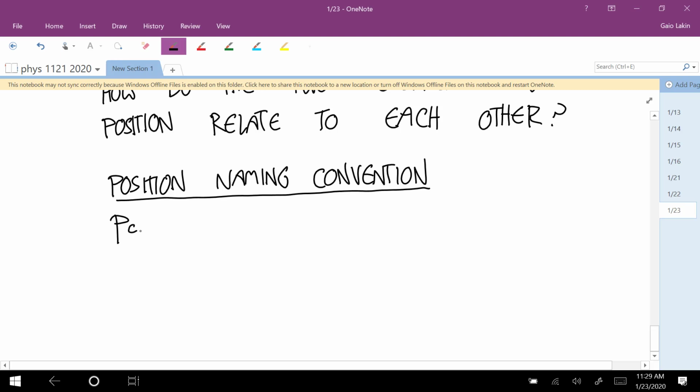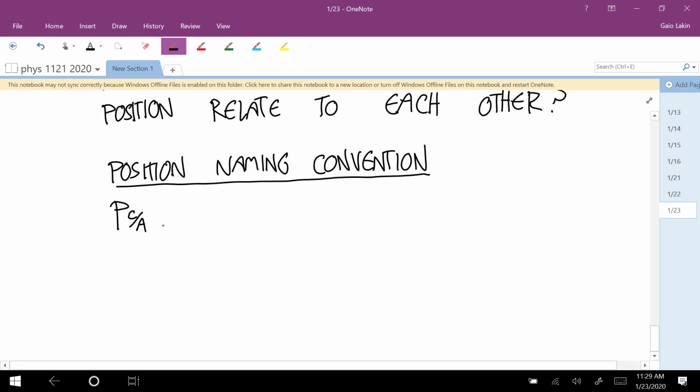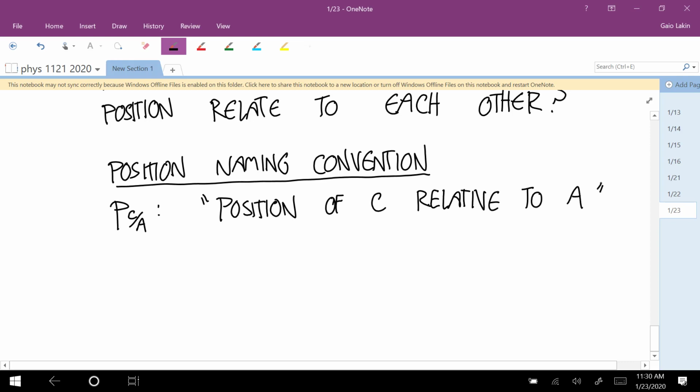So position C, like fraction bar A, okay, so that's all a subscript, C over A. I'm going to call that the position of C relative to A. Okay, so that's the position that's observed by someone with their 0 position at A, and the position of C relative to B, or C over B is what the subscript looks like, I'm going to call that the position of C relative to B.